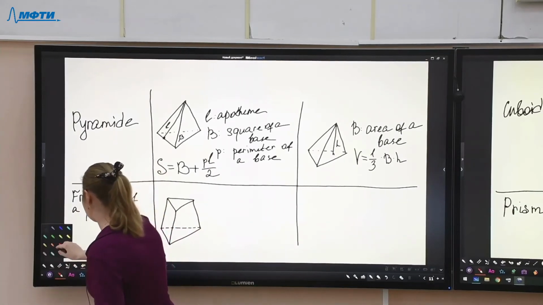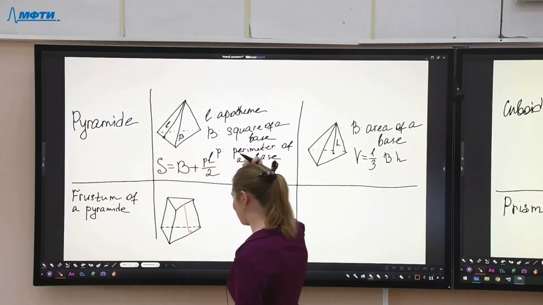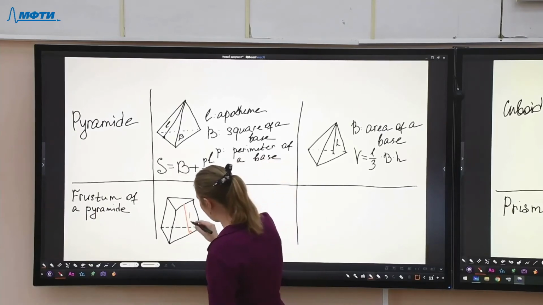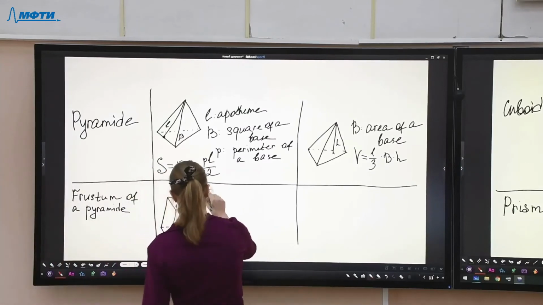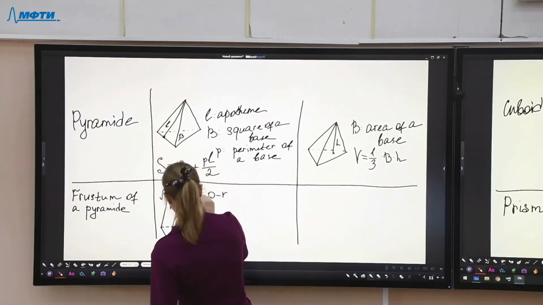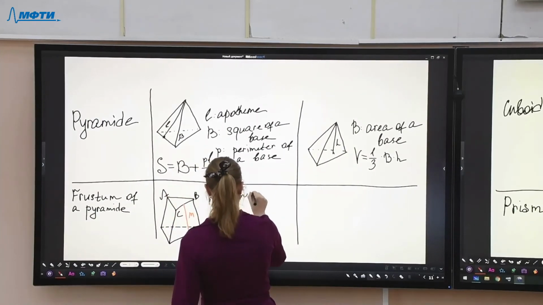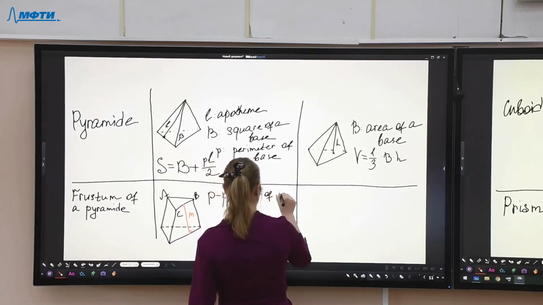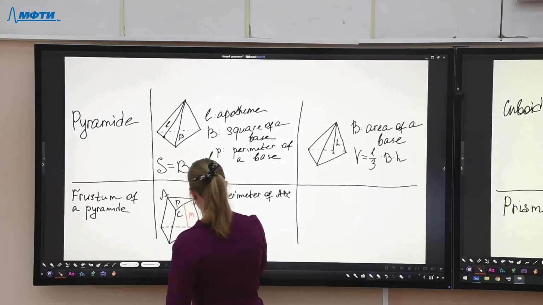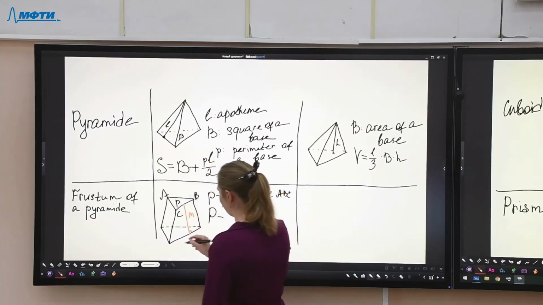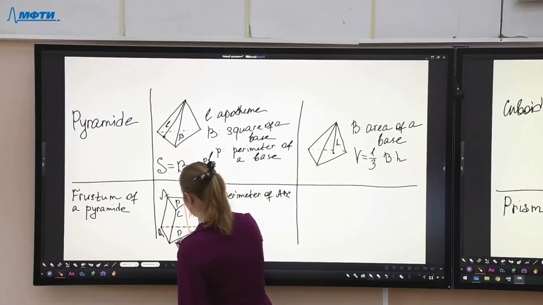Let's take a point somewhere here and drop a perpendicular to the opposite side of the face, and let it be M, for instance. Let p be a perimeter of ABC. Let it be small p, and let uppercase P be a perimeter of A1, B1, C1 of the bigger triangle.